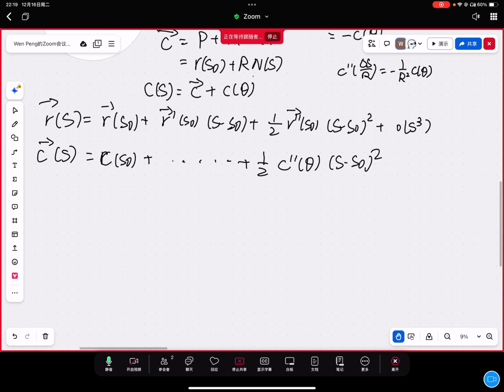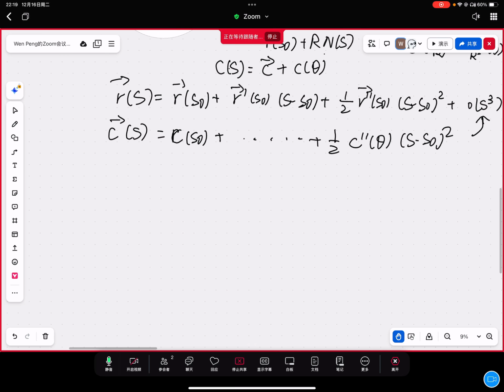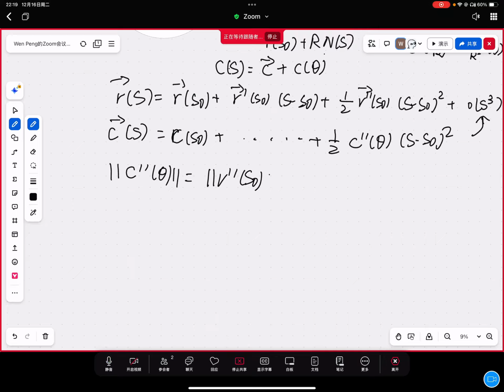Therefore, if the circle wants to represent the vector valued function, then we have to let c prime of theta have the same magnitude as r prime of s naught. And of course, they're in the same direction if you calculate it.